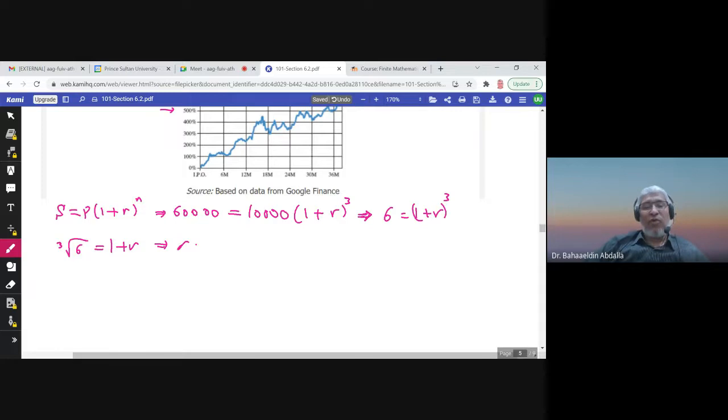And then R would be negative 1 plus cube root of 6. And if you want to find this as a decimal, use the calculator, and it is 0.817. So if you multiply by 100, this is 81.7%.